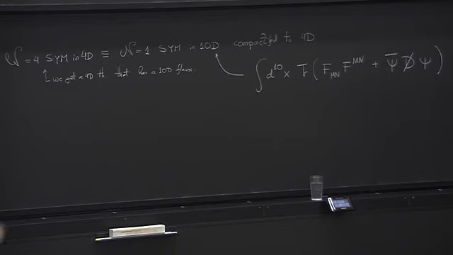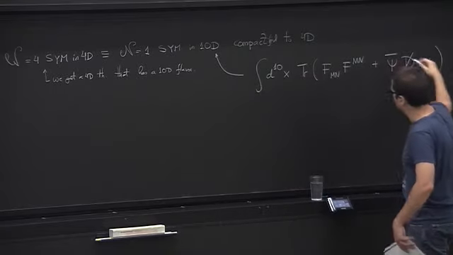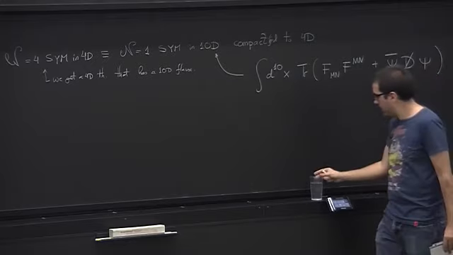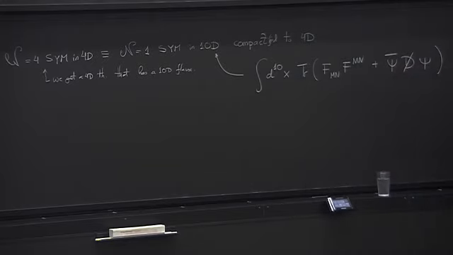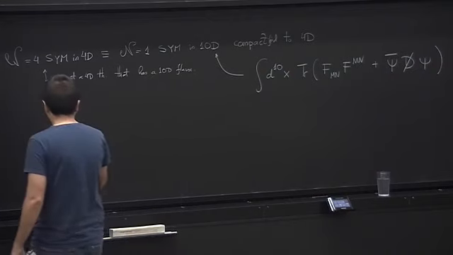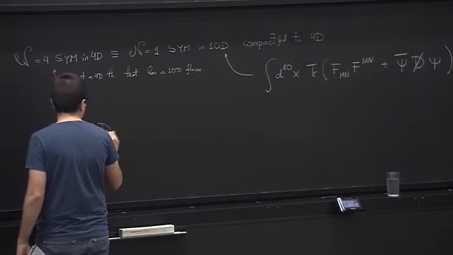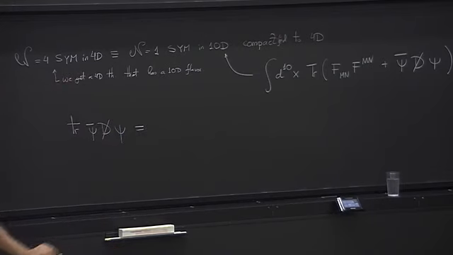Very good. So now let me reduce this action from 10 dimensions to 4 dimensions and see what happens. Okay? But maybe, just to make sure that everyone understands what we are talking about, I find it often useful to make sure we understand all the indices involved in this expression. So let's write this out very explicitly just to make sure that everyone is following.